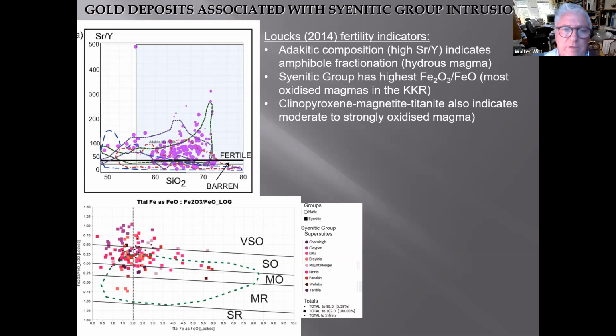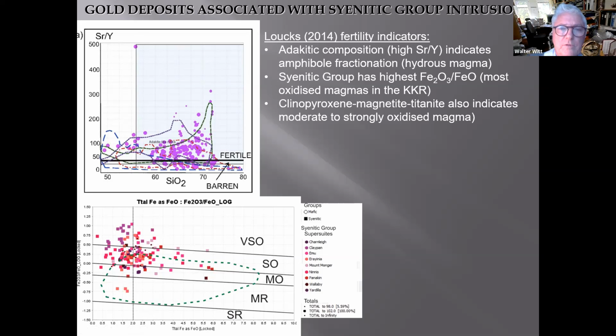So many of the syenitic group intrusions plot in the fertile field on that plot, as do many of the Mafic Group intrusions with the green outline here. And they're also coincident with fertile intrusions associated with alkalic porphyry copper plus or minus gold deposits in the Lachlan Fold Belt of New South Wales and in British Columbia.